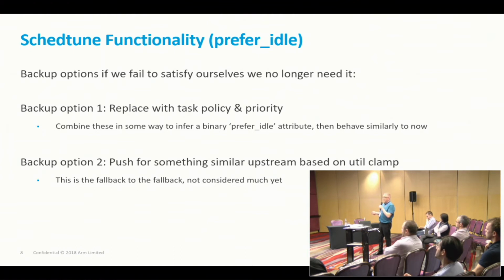And then if that still fails to provide the user interface guarantees that we need, backup option number 2 is to try and persuade upstream that we have a problem here that we can't solve by pushing tasks into other sched classes. Now I think that's going to be a tricky thing because the answer is usually, if you don't want to be interrupted by CFS, use RT or use deadline. And potentially the answer upstream might well turn out to be deadline cgroups or something along those lines.